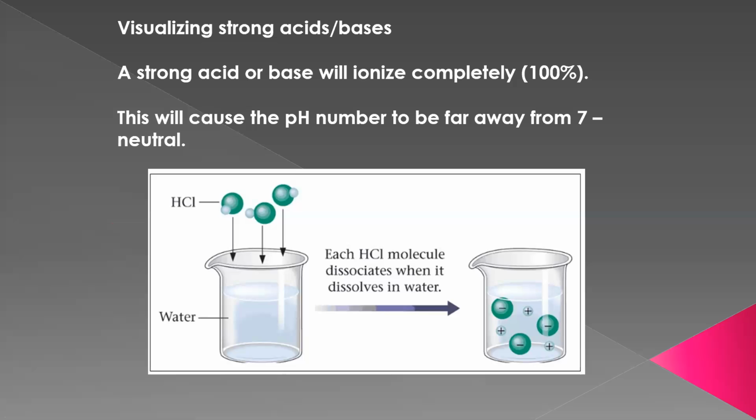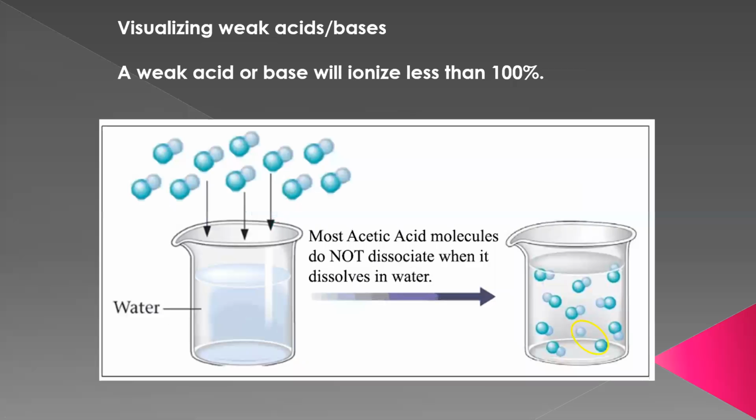Now let's flip to the back of your paper and let's look at something that doesn't ionize all the way. A weak acid or a weak base will ionize less than 100%. And I wish there was a better way to say this, because when I say less than 100%, I usually mean like way less than 100%.